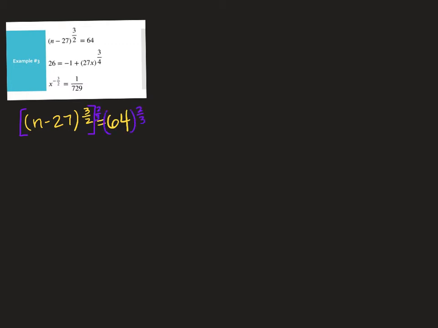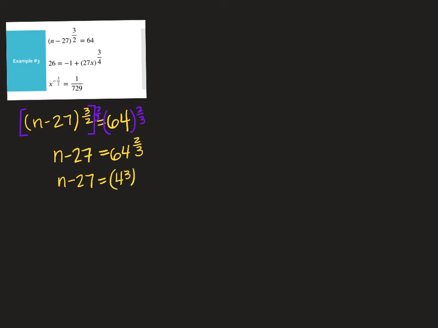Okay. And so then on the left side, those are going to simplify to give me 1. So then I'll have n minus 27. And then on the right side, I'll have 64 to the 2/3. So then n minus 27, I can rewrite 64 as 4 to the 3rd.